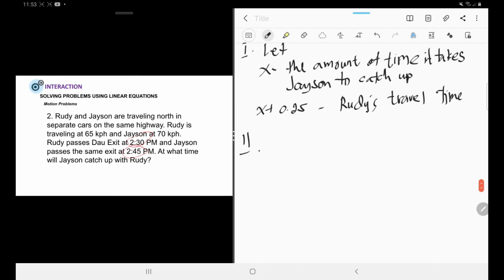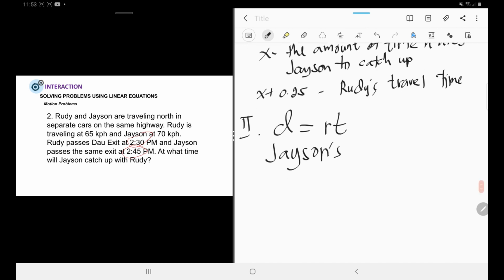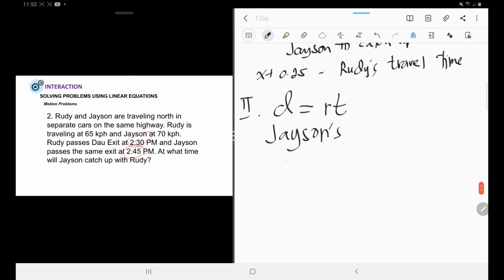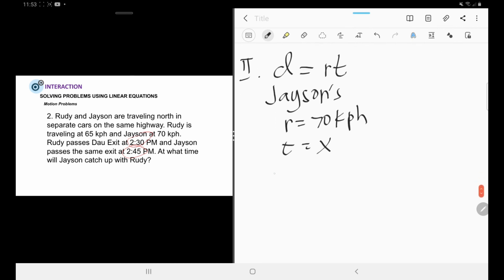Okay, step 2. Take note that the formula for distance is equal to rate times time. So, let's take a look at Jason's distance. His rate is 70 kilometers per hour, while time is unknown, so it's represented by x. So we can say that the distance traveled by Jason is 70x.